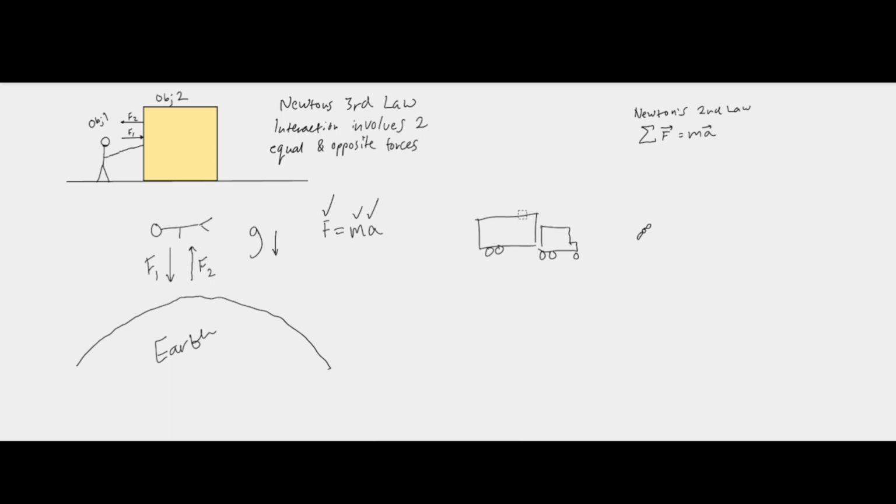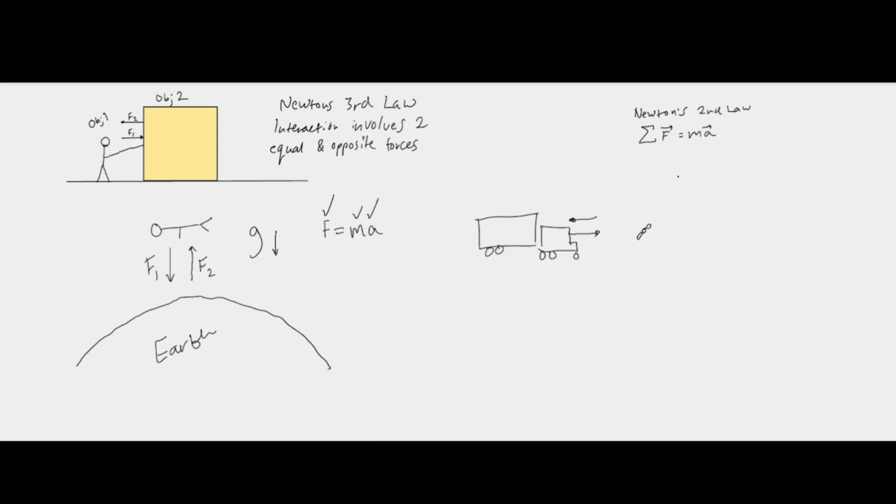Well, according to Newton's third law, when the mosquito hits the truck's windshield, there's some force on the mosquito, and there's some force from the mosquito on the truck. And they're equal. Well, how can that be? I mean, the force should, maybe we think, be greater from the truck acting on the mosquito because the truck's so huge. How does the mosquito cause any sort of force to occur on the truck?